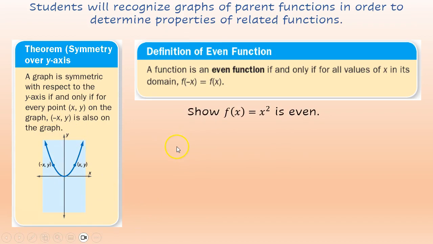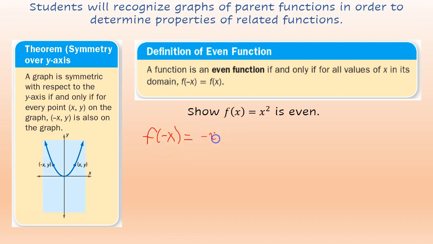and we said that to show f of x is even, what we would have to do is start by plugging in f of negative x. So we start with f of negative x. So we're plugging f of negative x into the original function.